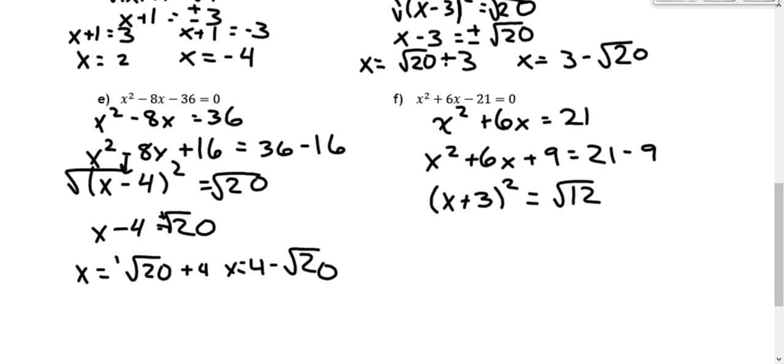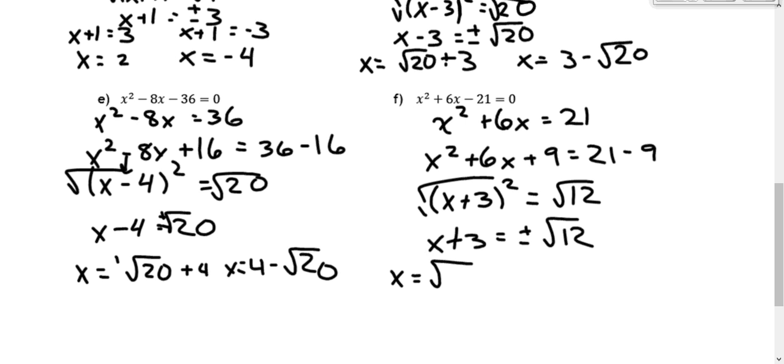Square root both sides. You get x plus 3 is equal to plus or minus the square root. Our first case, x is equal to the square root minus 3, or x is equal to negative 3 minus the square root. Didn't really matter for that last one which way you had it. They're both negative.